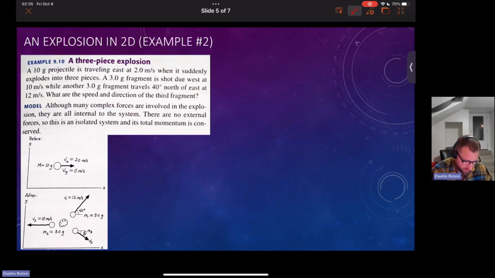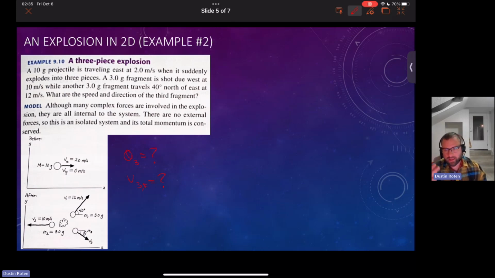Okay, so we've got our drawings here, before and after. We've got everything labeled. What we don't know is the angle of this third piece. We also don't know what the final velocity of this third piece is.